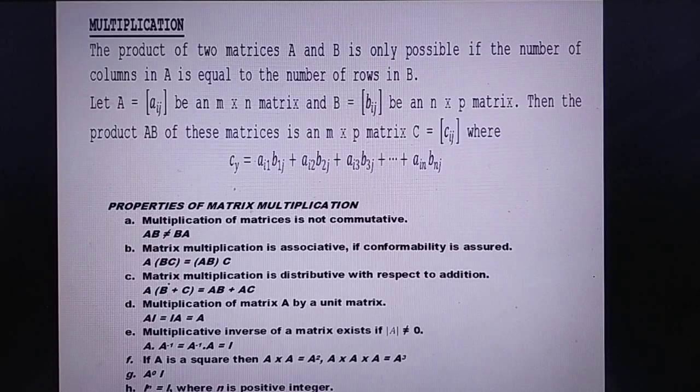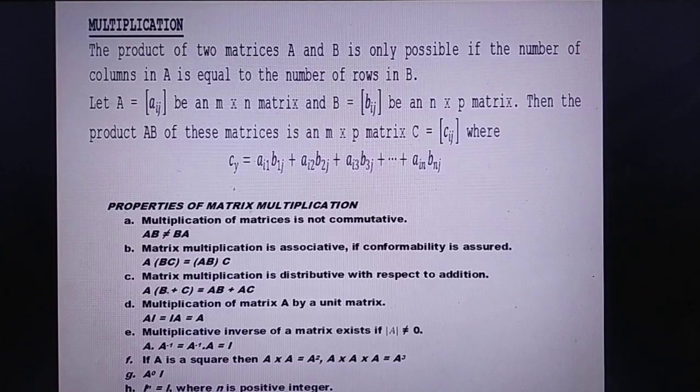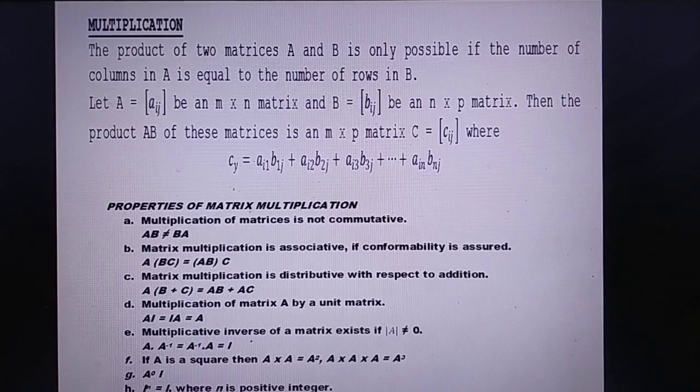So A multiplied by BC is possible if A multiplied by B is multiplied by C. Matrix multiplication is distributive with respect to addition. So this is distributive. And multiplication of matrix A by the unit matrix is equivalent to the matrix itself.